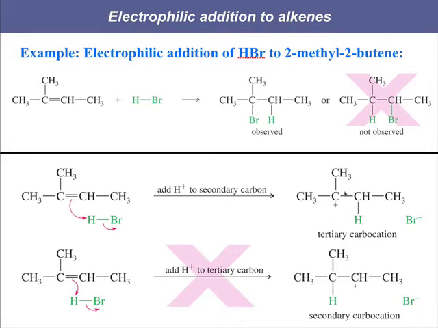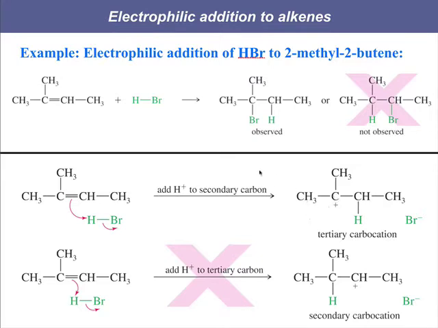If you don't remember tertiary and secondary, go back and look at chapter 4, when we looked at free radical chain reactions and talked about hyperconjugation. A tertiary carbocation is more stable than a secondary carbocation because you have more electron-rich groups overlapping that electron-poor carbon.